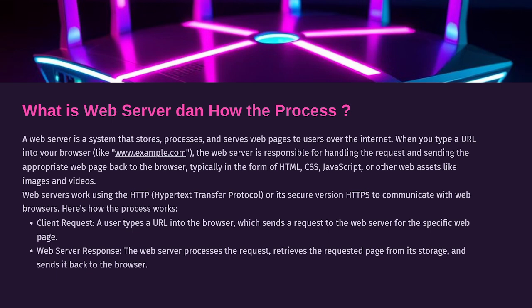When you type a URL into your browser like www.example.com, the web server is responsible for handling the request and sending the appropriate web page back to the browser, typically in the form of HTML, CSS, JavaScript, or other web assets like images and videos. Web servers work using HTTP or its secure version HTTPS to communicate with web browsers.